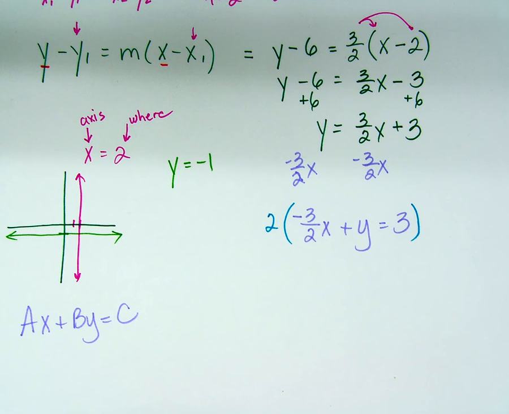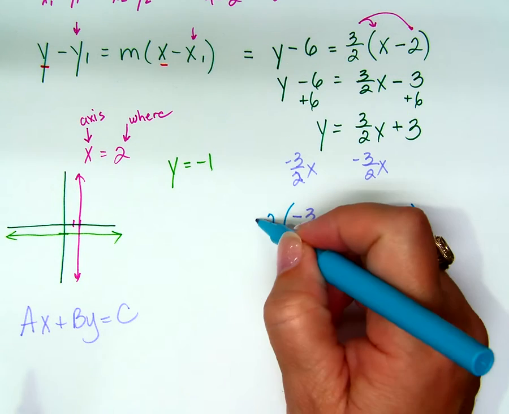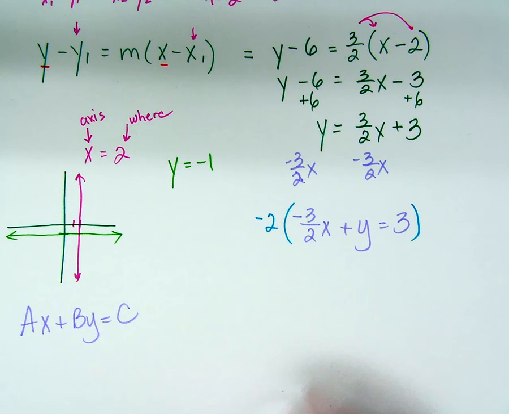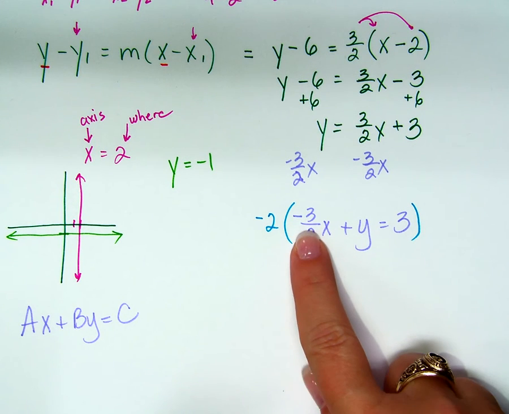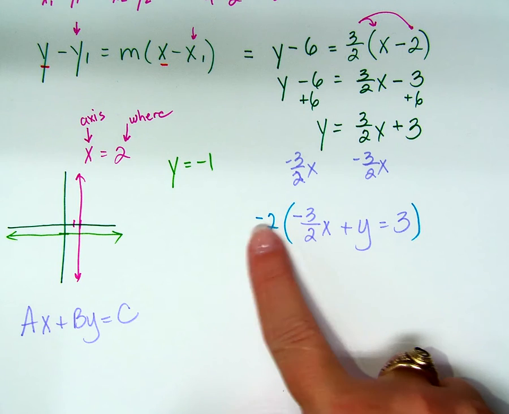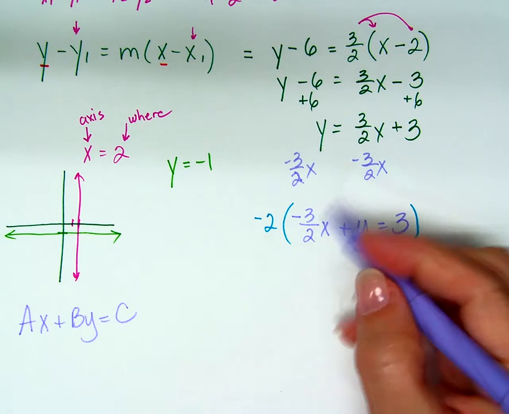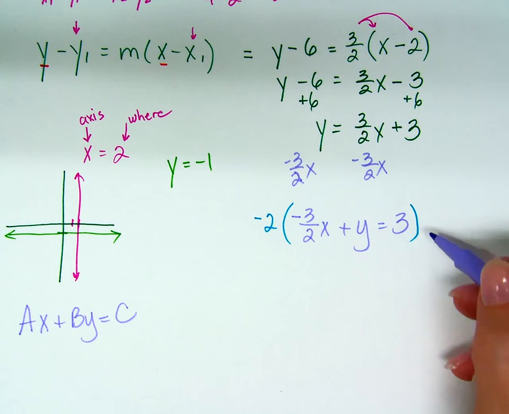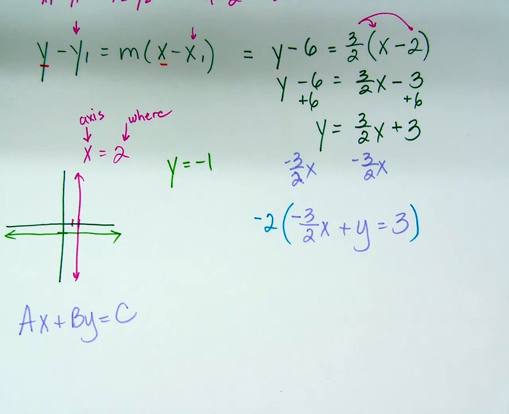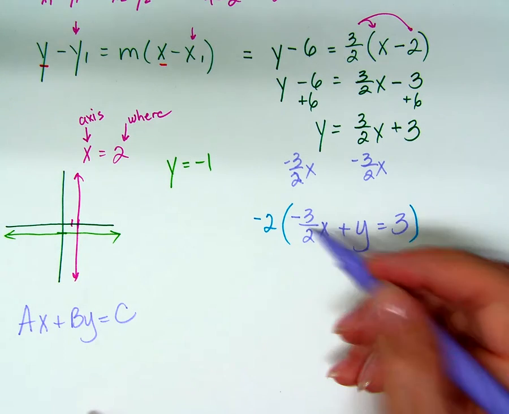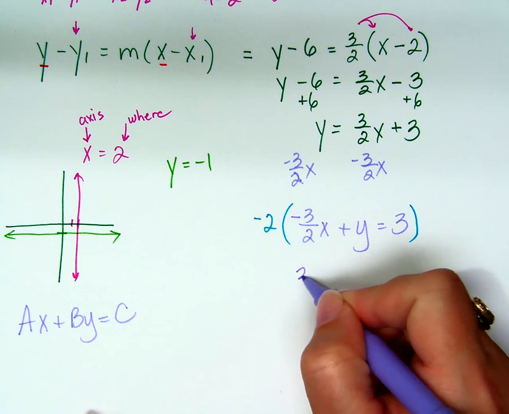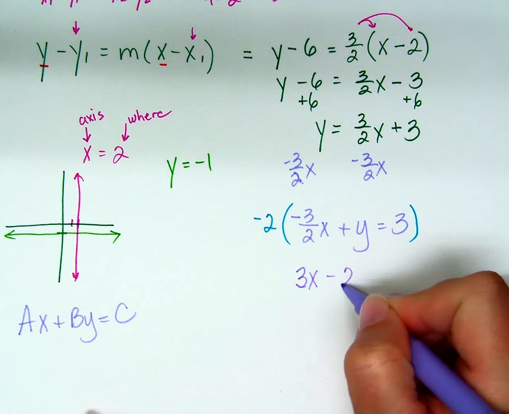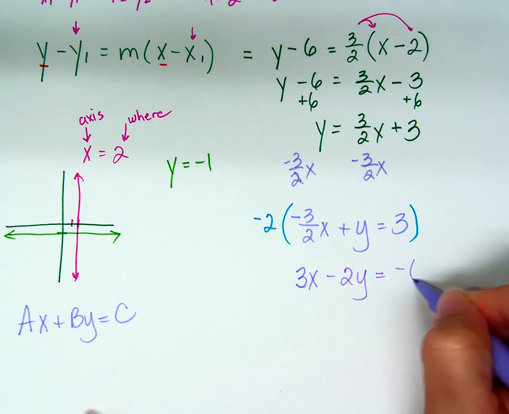Now, also I know that a is not allowed to be negative. So if I go ahead and choose a -2 to multiply it by, do you see how that will not only take away the fraction, but would also take away the negative sign? Okay? And as long as I'm multiplying every single thing in the equation, I'm not really changing the value of the equation, am I? Okay? So this becomes 3x minus 2y equals -6.